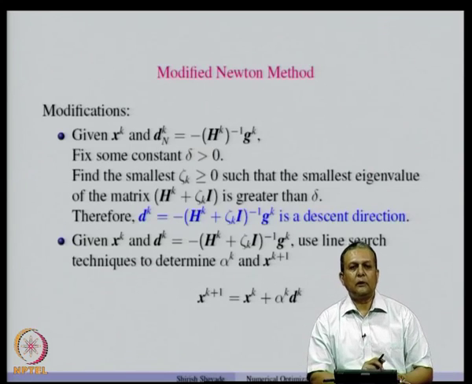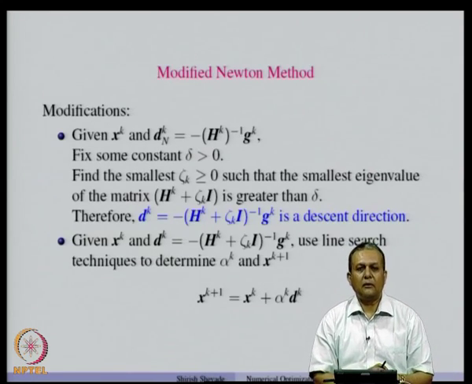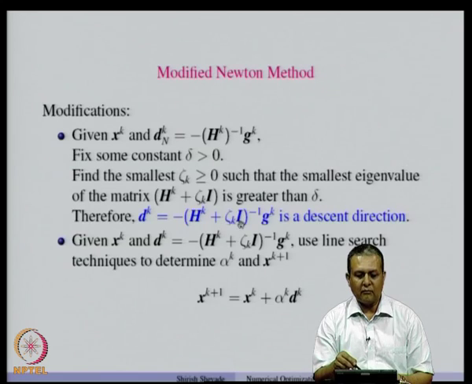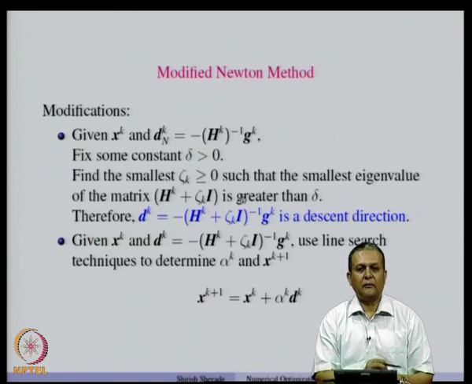So, the two problems which were associated with the classical Newton algorithm, one was that the Hessian matrix at xk is not necessarily positive definite. So, that problem is taken care of by adding a zeta k I matrix, or a constant times the identity matrix, to Hk, so that the smallest eigenvalue of this matrix is greater than delta, where delta is a positive constant.